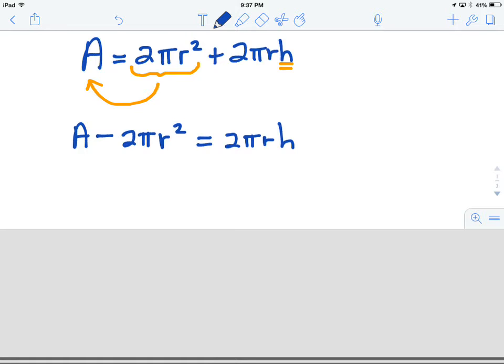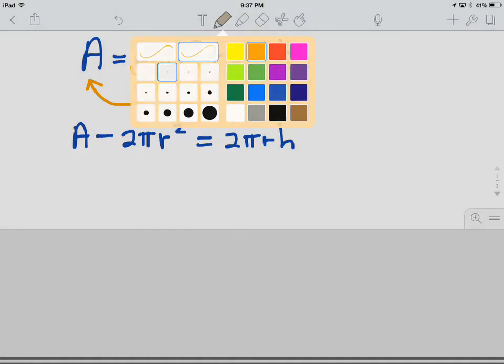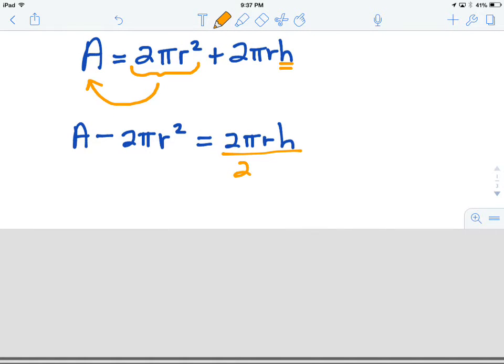No problem. Now, we want to continue this trend. And so we say we have this 2 pi rh sitting here. Let's divide both sides by 2 pi r, because what I do to one side I have to do to the other side.